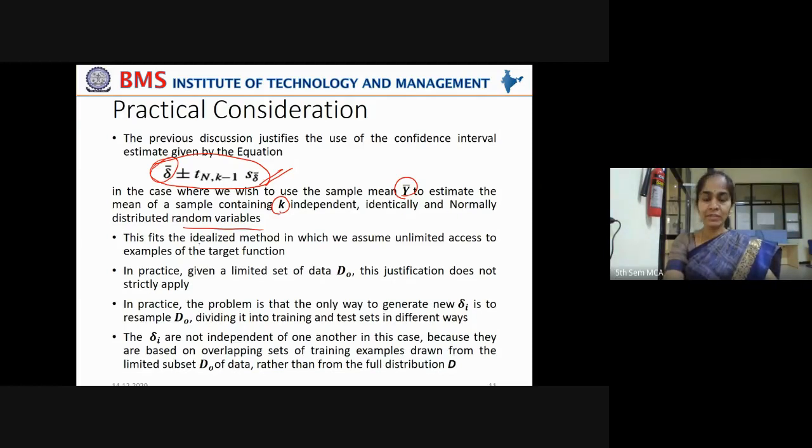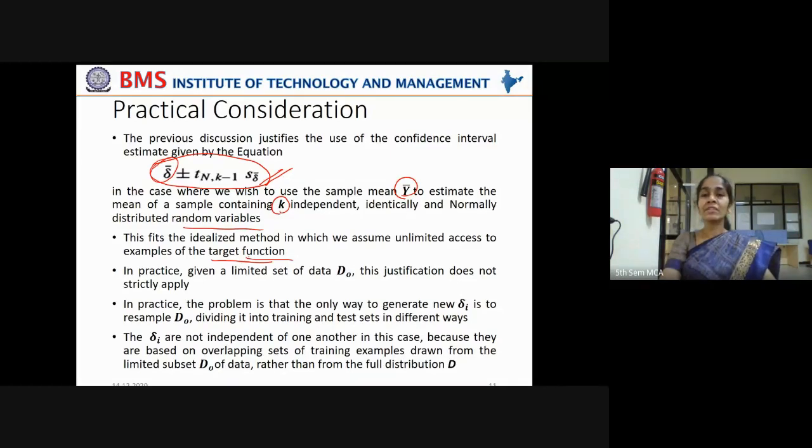Now, this fits the idealized method in which we assume unlimited access to examples of the target function. Now, if the data points are too many, meaning the size of the data set is very high, that is an ideal condition. In normal cases, you may not be able to collect large data sets.